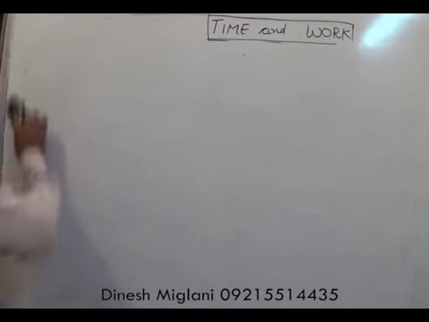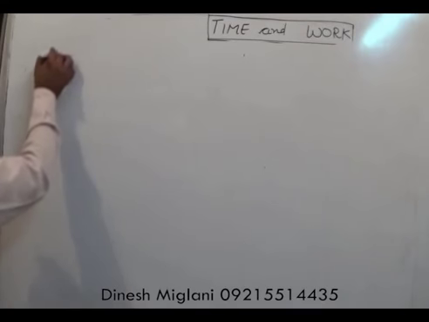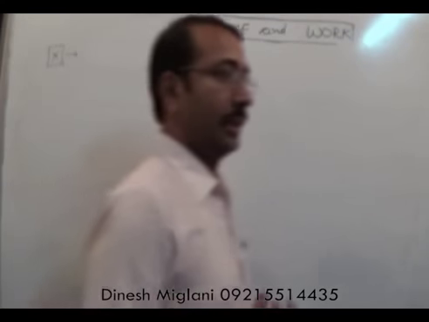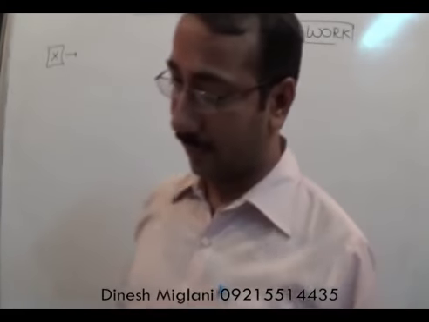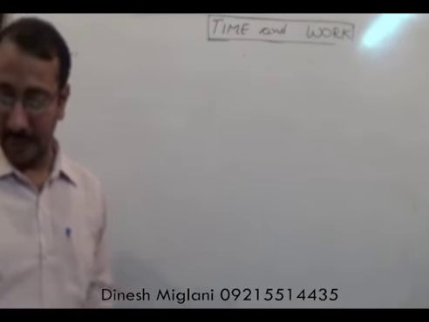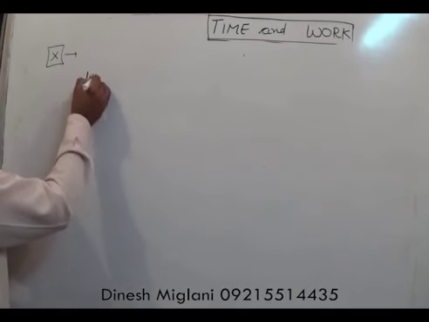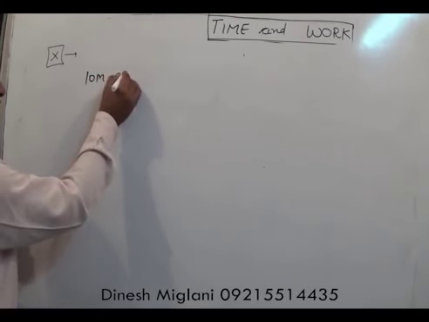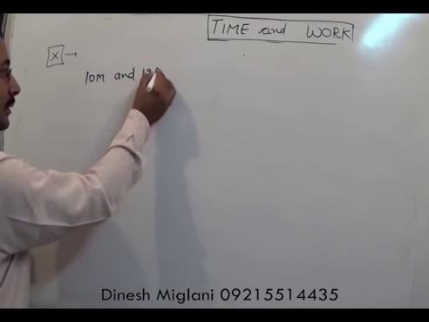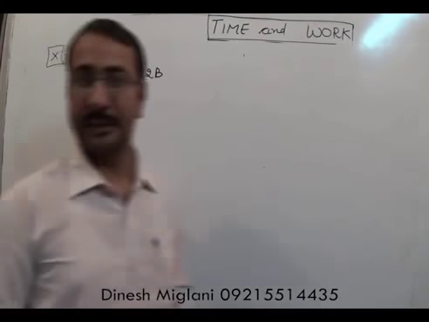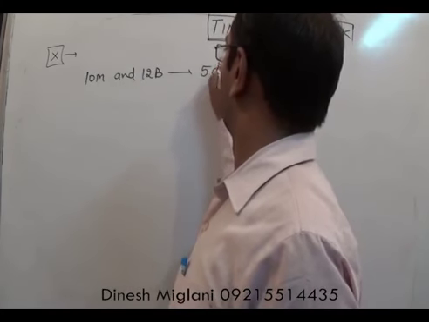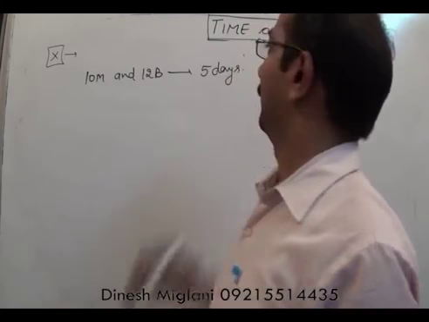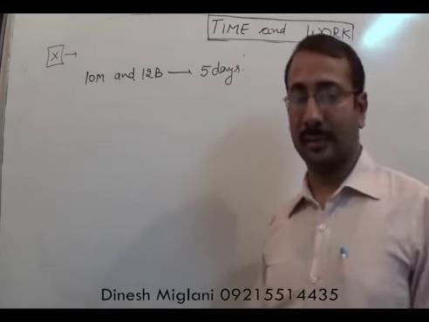In next type question, that is type number 10, here we have 2 equations. Both are given in the terms of and we have to answer our question on that basis. For example, it is given that 10 men and 12 boys take 5 days to do a work.